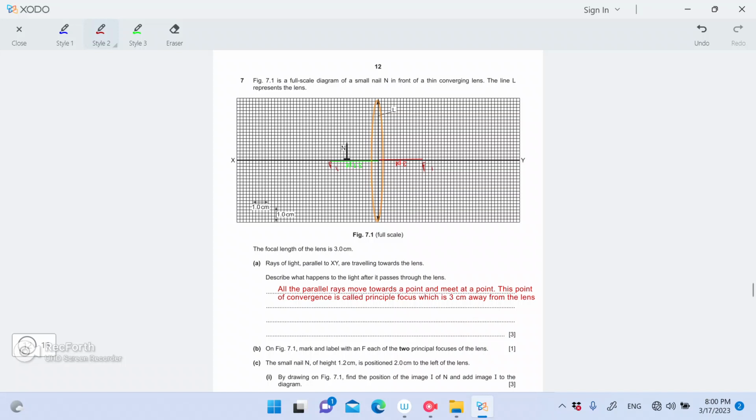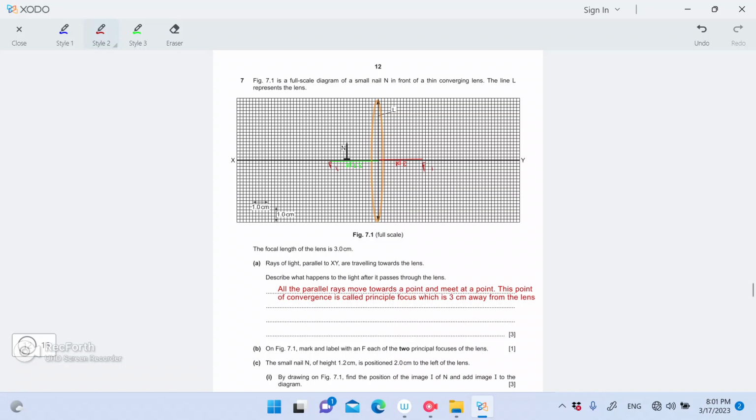So now you can see rays of light parallel to XY are traveling toward the lens. Describe what happened to the light after it passes through the lens. So what happened? All the parallel rays move toward a point and meet at a point. This is convergence.